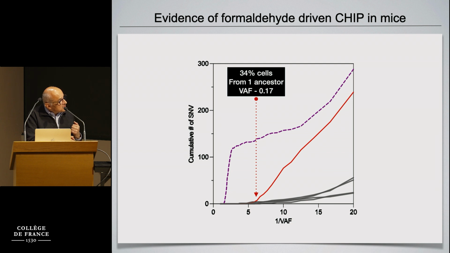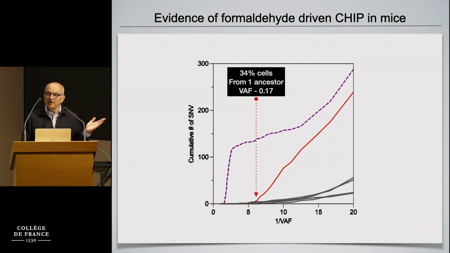But you can see this steep climb over here. And if you compute this into Thomas's algorithm, it says that at least 30% of the neutrophil production is coming from a single ancestor. This is very similar to the kind of clonal hematopoiesis you see in humans.